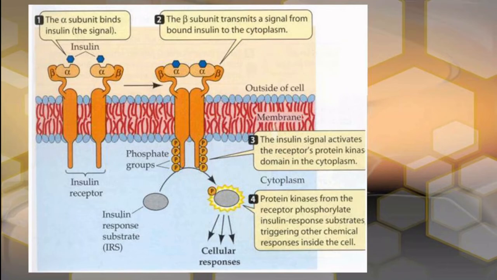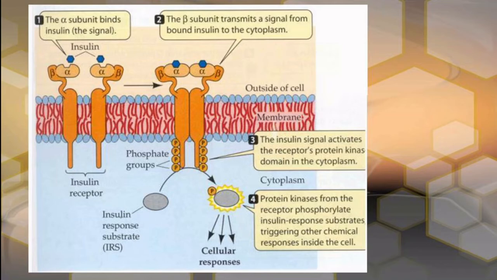In this figure, you can see the alpha subunit and the beta subunit, and the insulin receptor transmembrane domains, as well as the tyrosine kinase domains.